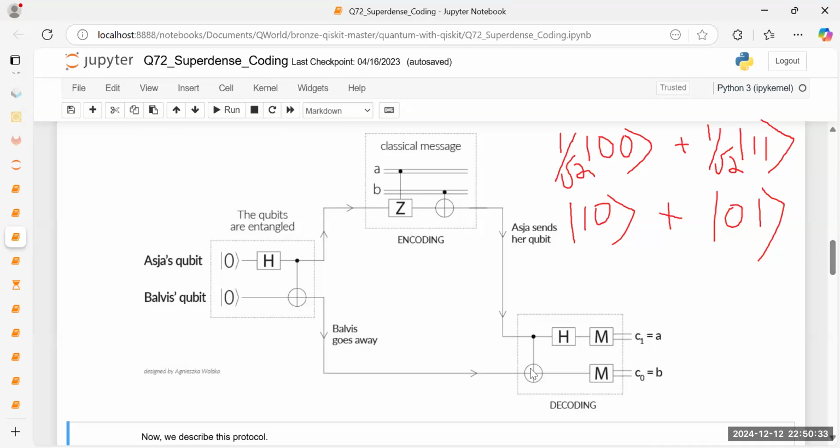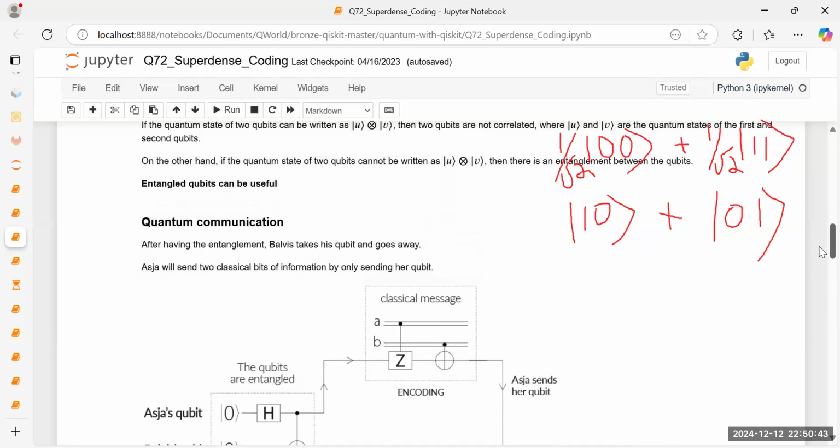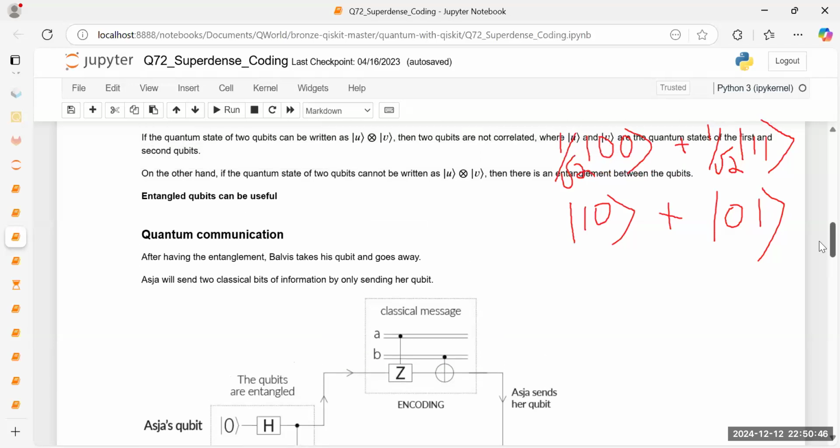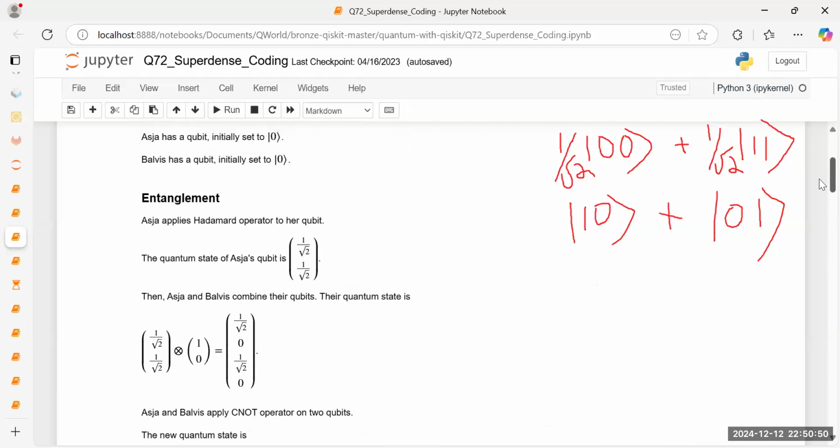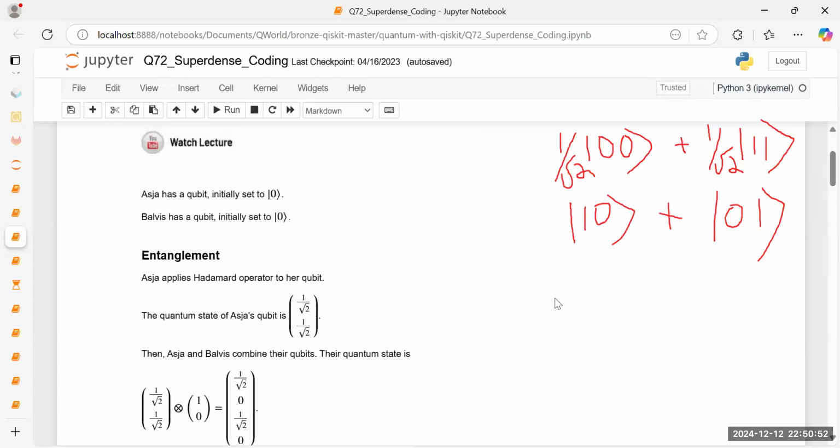To accomplish this, he's going to apply a CNOT operator first, and then a Hadamard operator to the qubits that Asha sent to him.